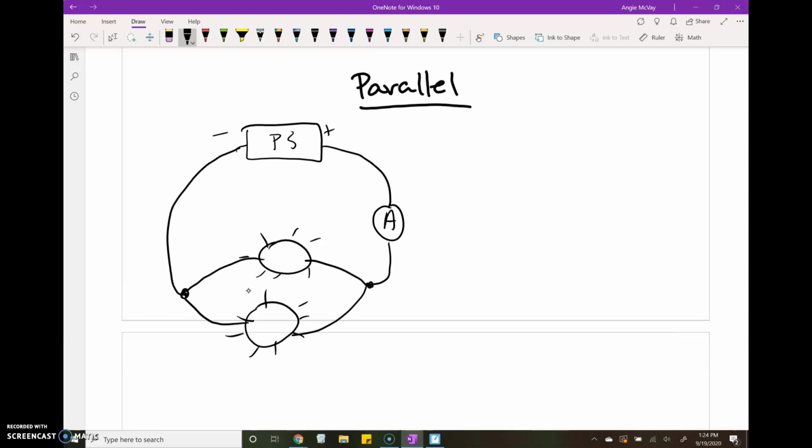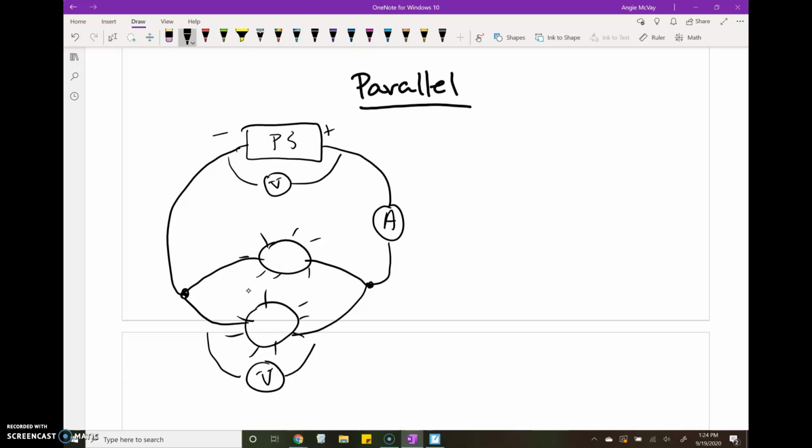Okay, voltmeter, right? And then I'll draw a voltmeter down here. All right. So this voltmeter isn't in parallel with the 2 light bulbs. It's just measuring the potential difference across that 1 light bulb there.